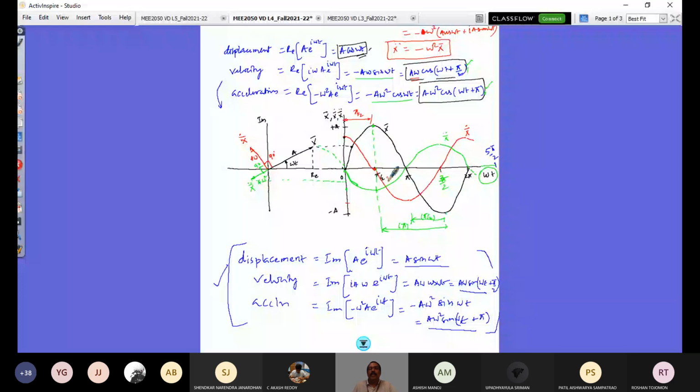That's the reason I was making an attempt to do it, and today I have clarified yesterday's doubt as well as the question that arose: can the imaginary part represent this curve? Obviously both of them are represented. It's all about at what angular displacement we look at the rotating vectors, right? So with that note, let me start today's class.